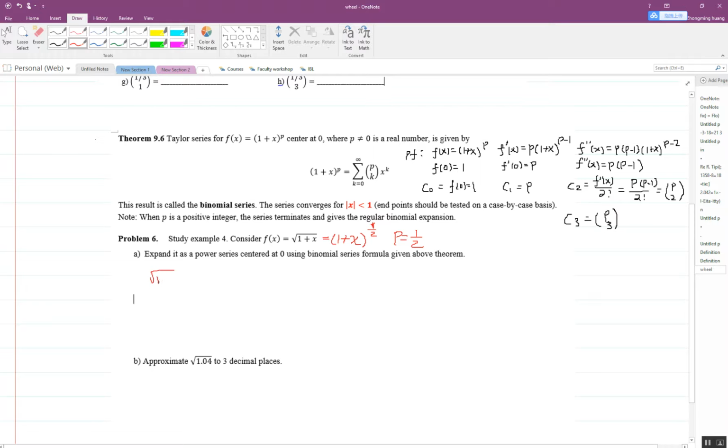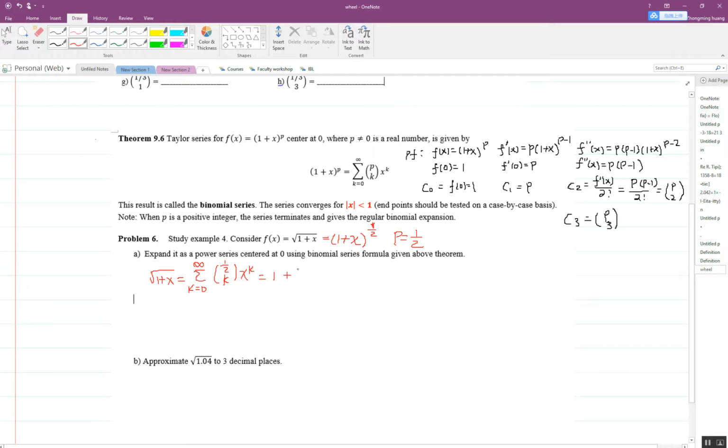The square root of 1 plus x is going to be, let me use the summation notation, summation k from 0 to infinity of 1/2 choose k times x raised to power k. So when k is 0, this is 1.